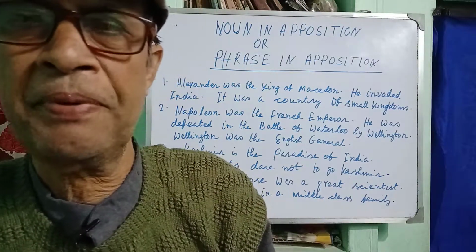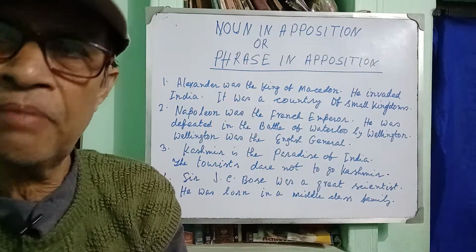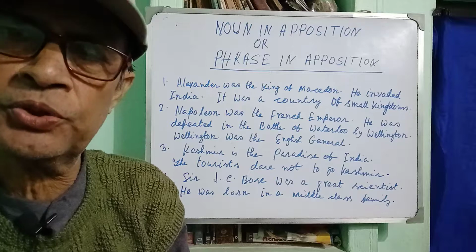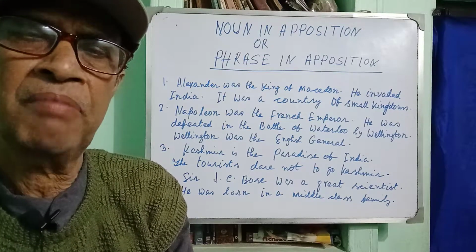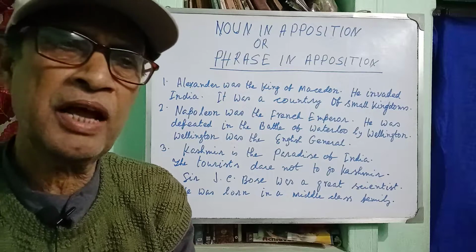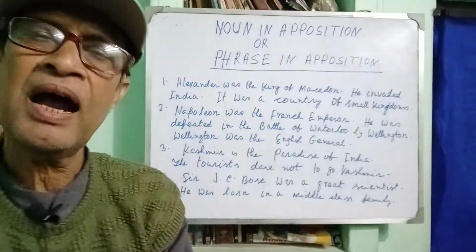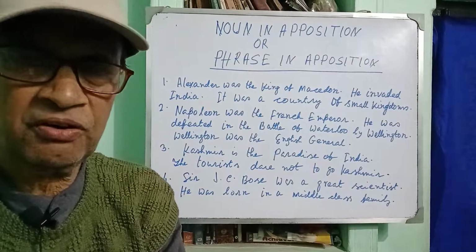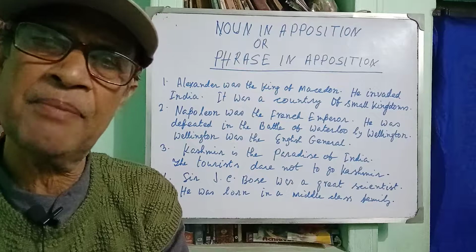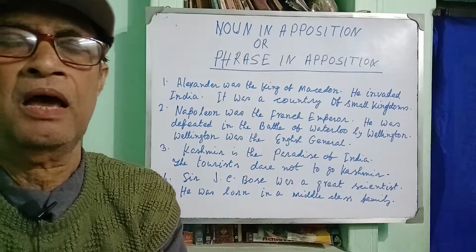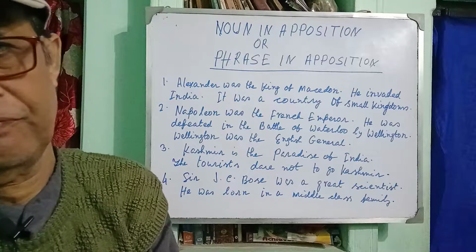Tonight's preparation or arrangement is combining two or more than two simple sentences into one simple sentence by using noun in apposition or phrase in apposition. And at the beginning, you must have the idea what is apposition. Apposition means side by side.